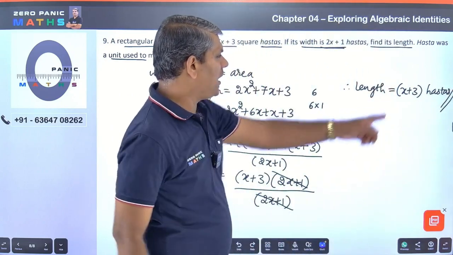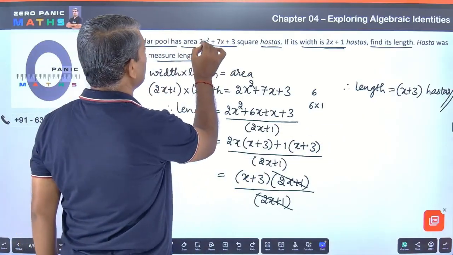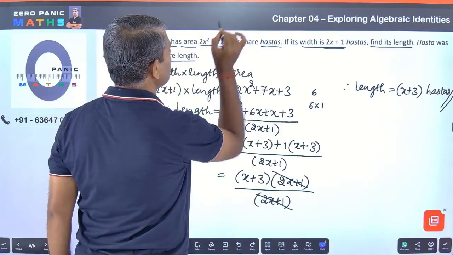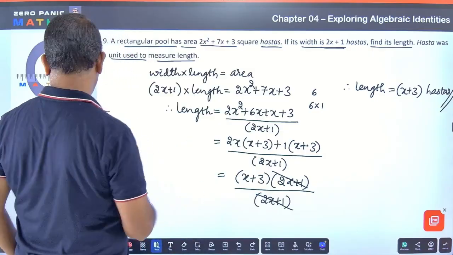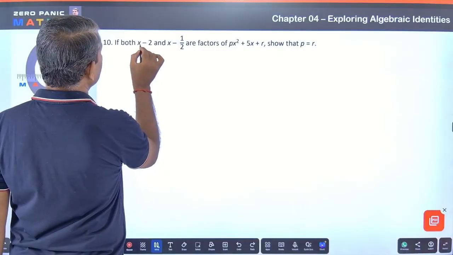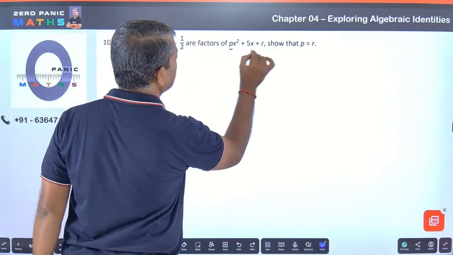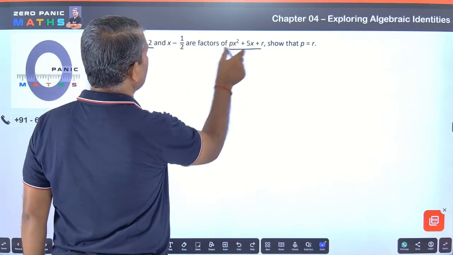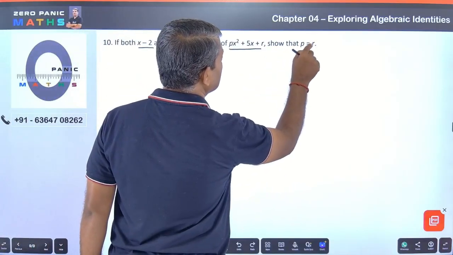So if you multiply x plus 3 by 2x plus 1, you are obviously going to get 2x square plus 7x plus 3. You understood this, right? Let us quickly move to the next problem then. The 10th problem says: if both x minus 2 and x minus 1 by 2 are factors of this expression, there is an equation given, and the factors of this equation are also given, show that p is equal to r.